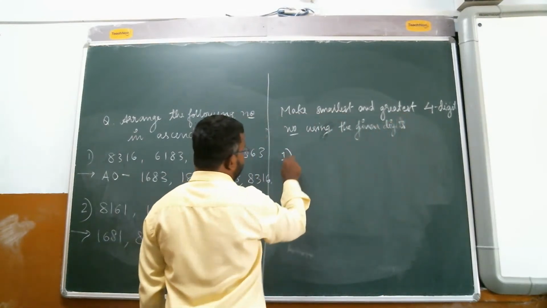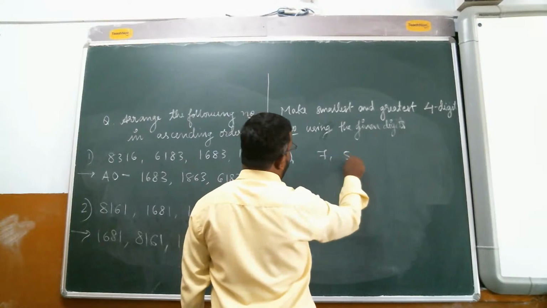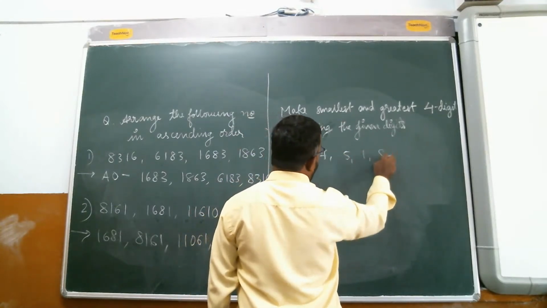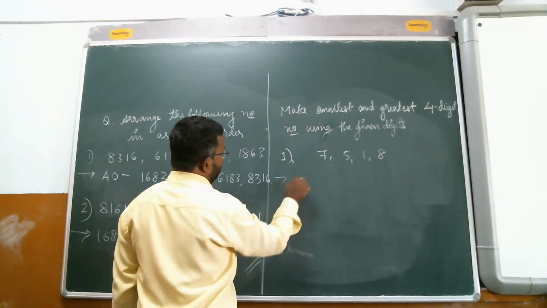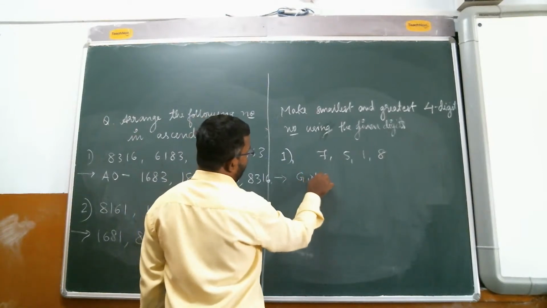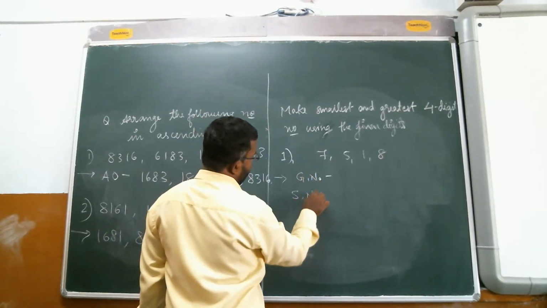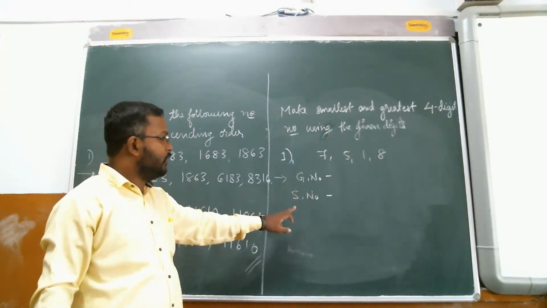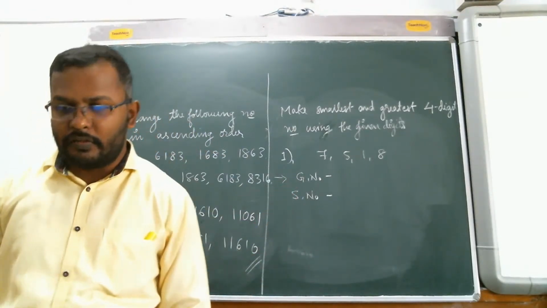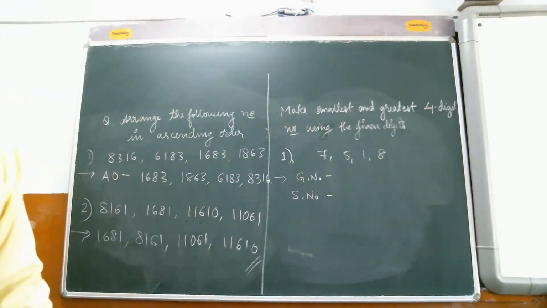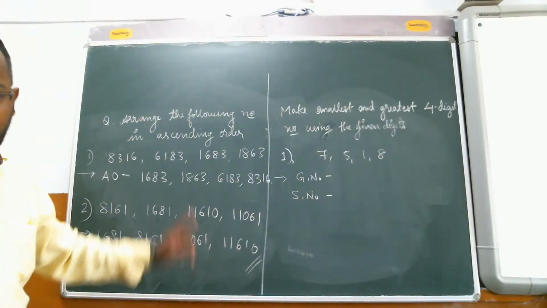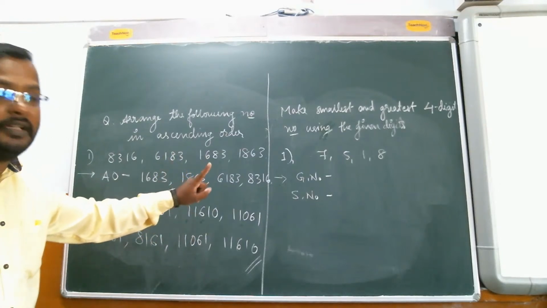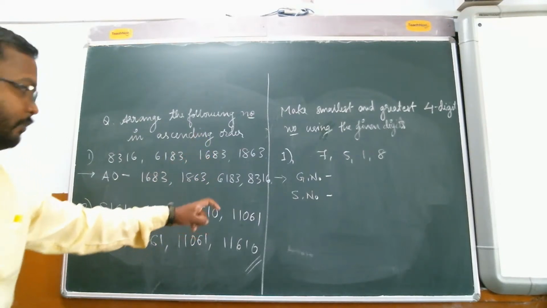The first question is 7518. So you have to make greatest number also, you have to make smallest number also. So digits they are given that 7518. Use these digits and make smallest number and greatest number.